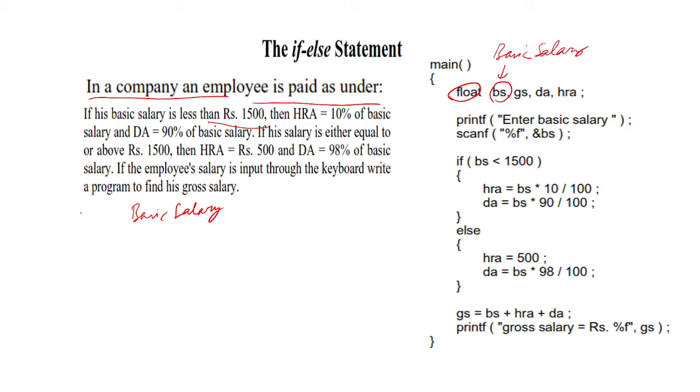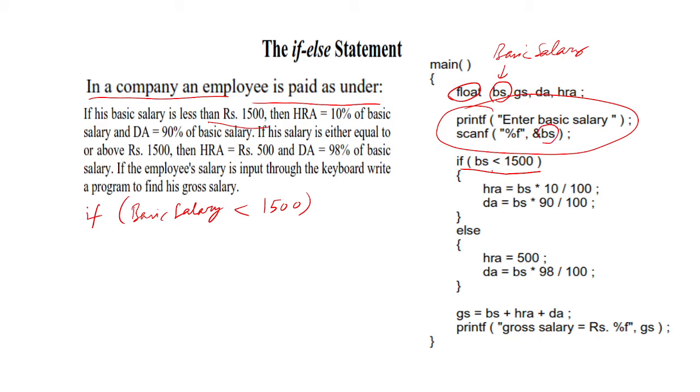The condition is that if BS is less than 1500. Firstly, this basic salary is entered through the keyboard and stored at the location of BS.